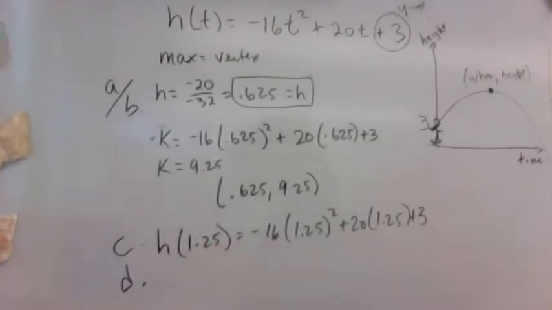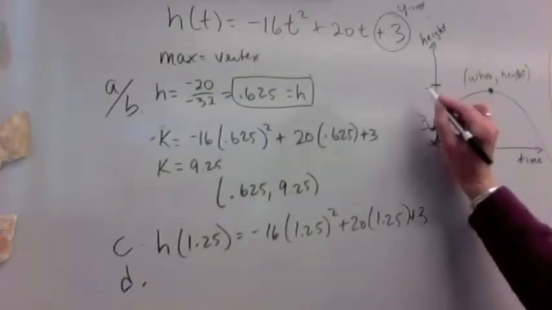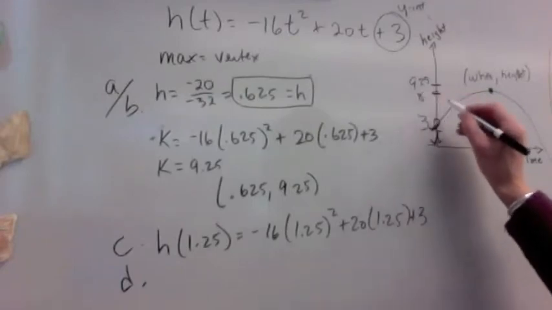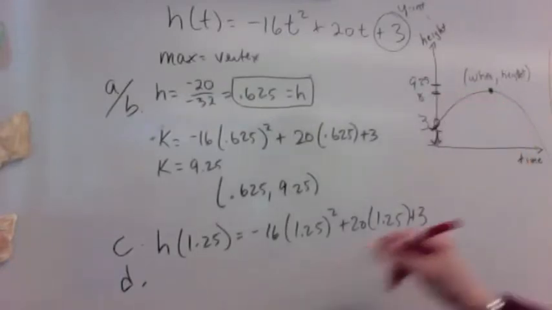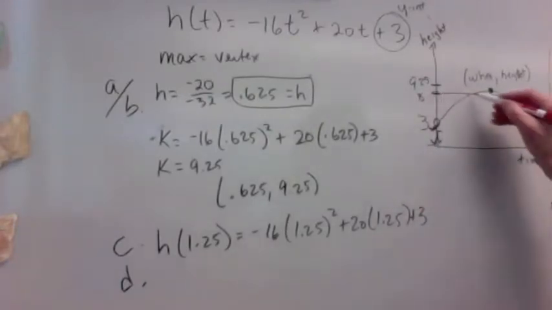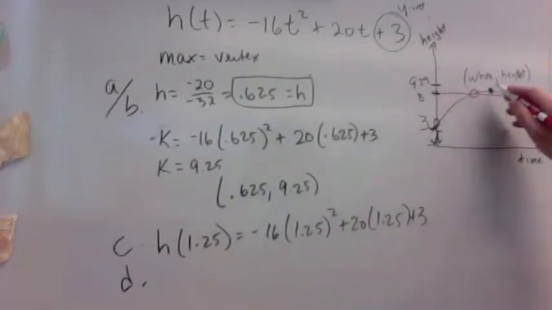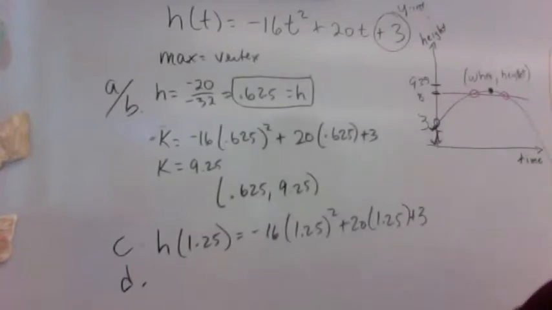D, part D asks, when was the ball 8 feet high? Well, if the maximum height is 9.25, 8 feet is somewhere below it. And if we draw a line across at 8 feet, we'll see that there are actually two values. It hits 8 feet on the way up, and it hits 8 feet on the way down.